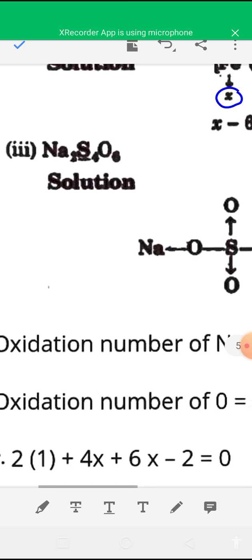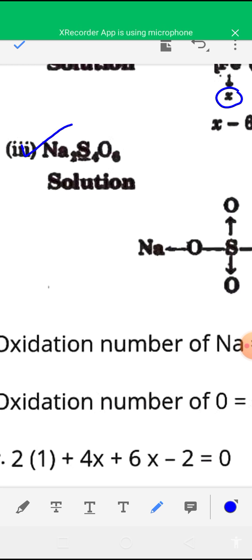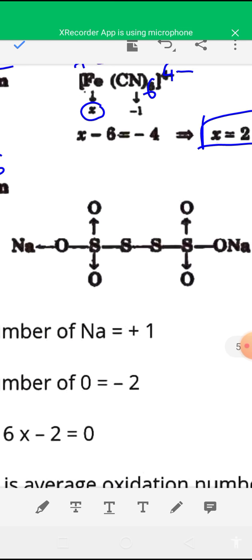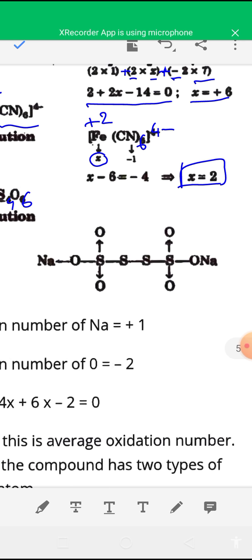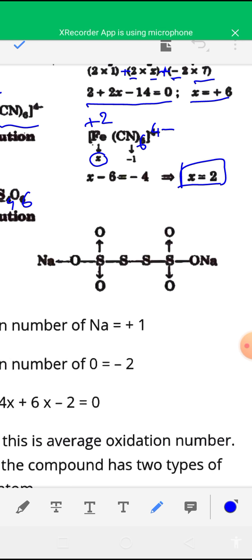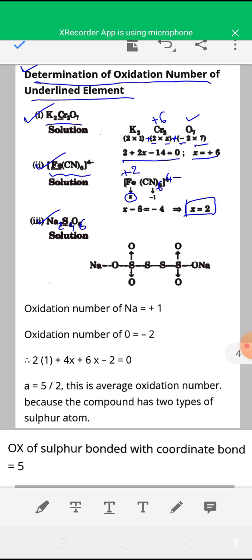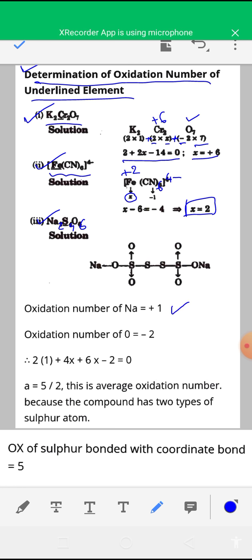Now calculate oxidation number of sulfur in Na2S4O6. In Na2S4O6, the structure is given here. In Na2S4O6, total 4 sulfur atoms are there, and 2 sodium atoms, and for each sodium atom oxidation number is +1, for each oxygen atom oxidation number is -2.